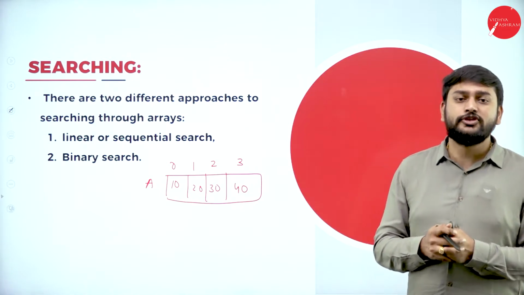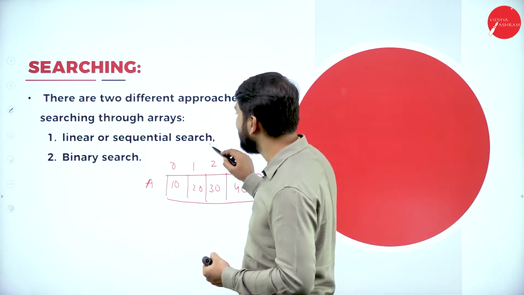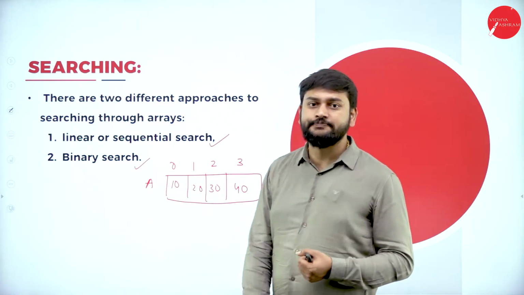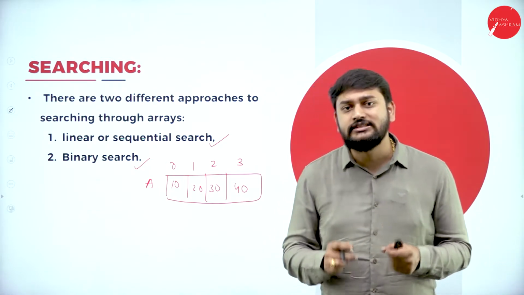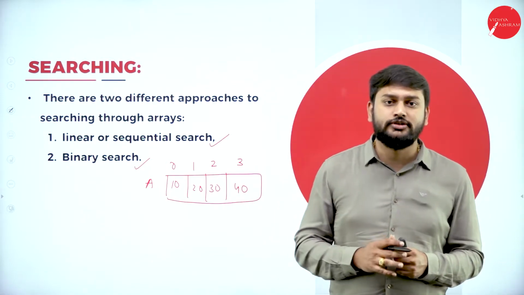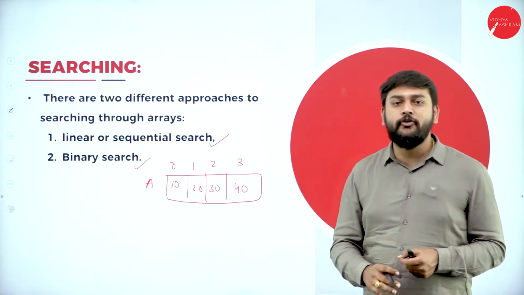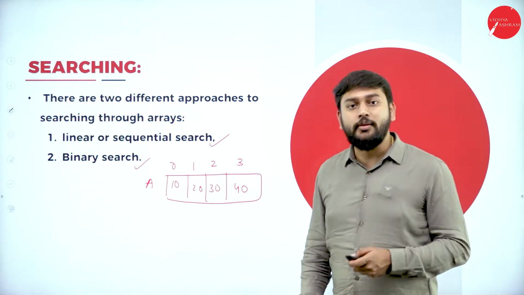How many types of searching do we have? Here I have 2 types of searching. One is linear search. Another one is binary search. We also call linear search sequential search. Alright, so let's understand these types of search individually, one by one.